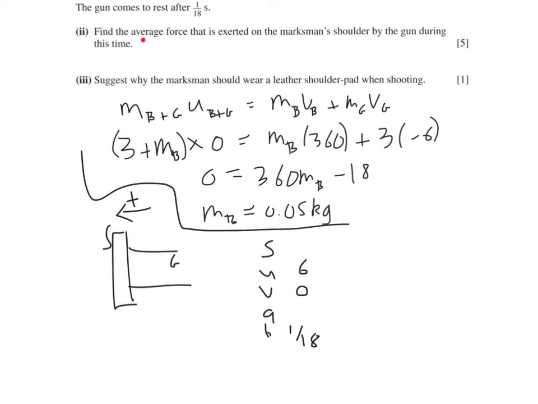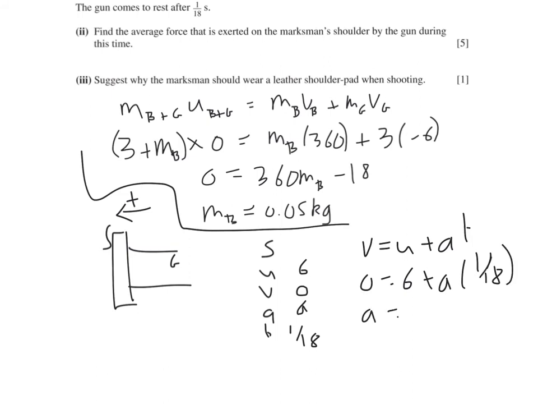Well, I want to work out average force. So if I get a, I can then use F equals ma. So I want to work out acceleration. So we would use v equals u plus at. 0 equals 6 plus a times 1/18. So the acceleration is going to be minus 6 times 18, which gives minus 108.